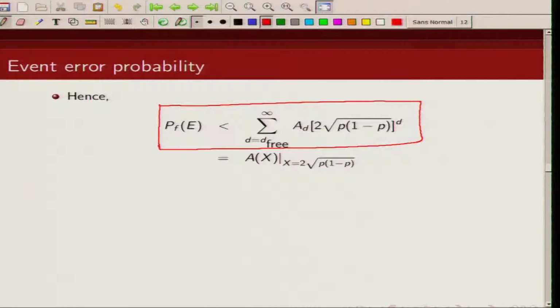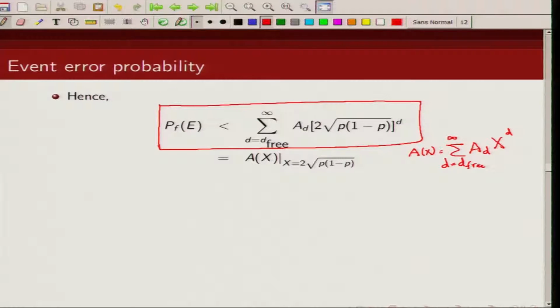Now, what we are going to do is, we know our weight enumerating function. It will give us the distribution. So, if we have some weight enumerating function, it essentially will give us, from d equal to d free to infinity, how many code words of weight d there are, and x raised to power d. Okay.